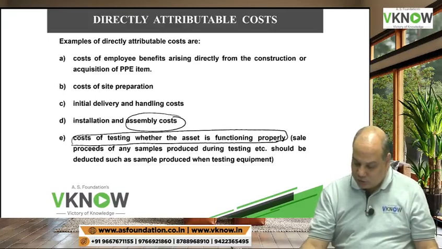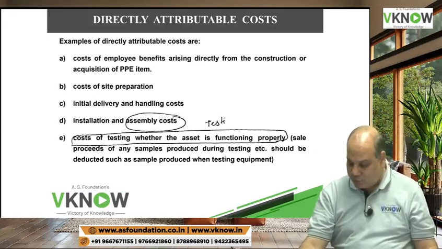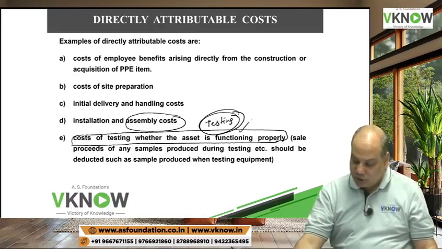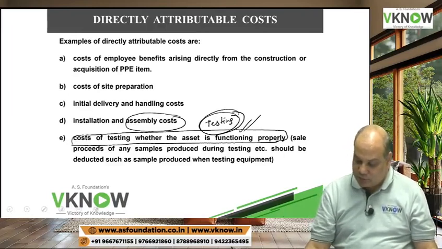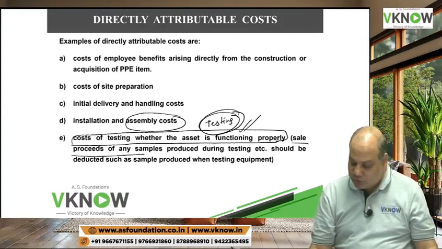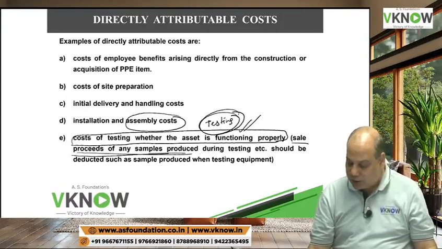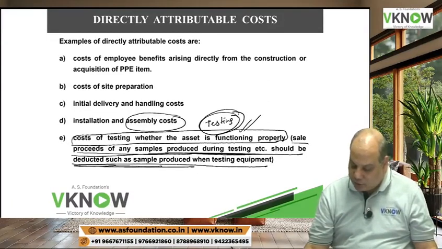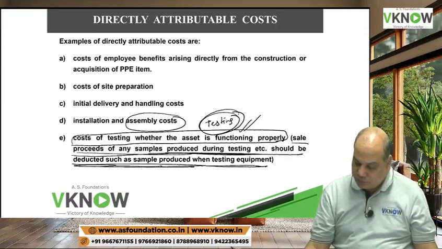That is called testing cost. If you have purchased an asset, you may test it to check whether it is functioning properly or not. Even this cost is added. But sometimes in the process of testing, some sample or some item may be produced which will be sold. So that sale value will be deducted from cost of testing.